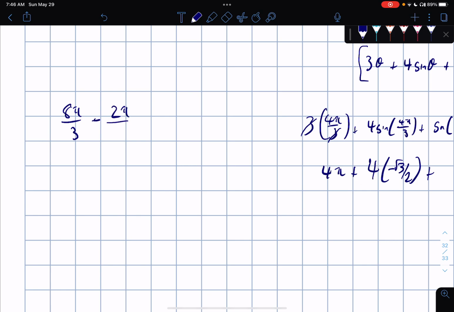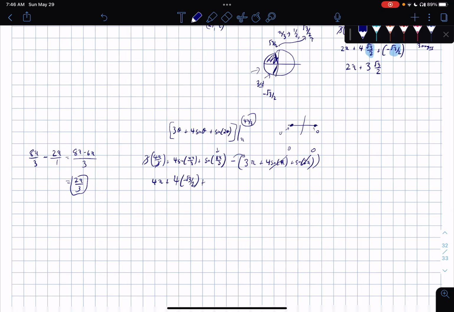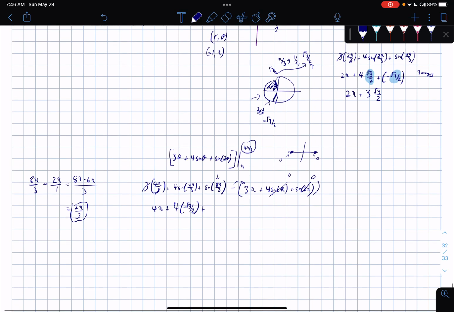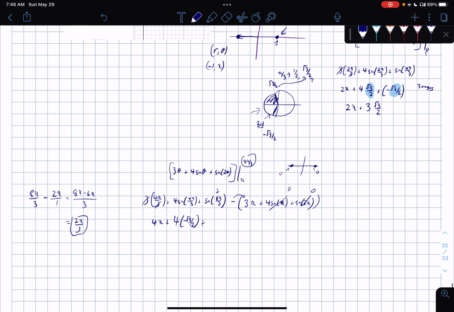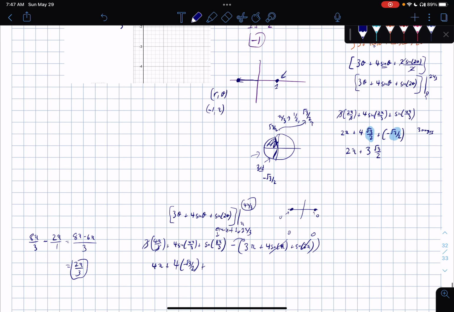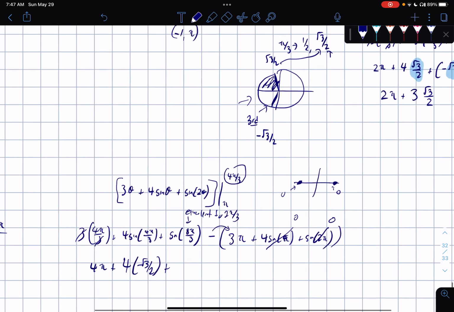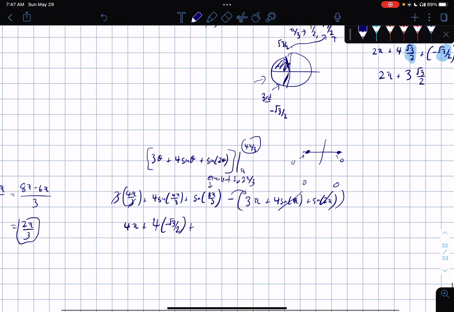So I can just find the reference angle. 3 times 1 is 3. 8 pi minus 6 pi, so this is equivalent to 2 pi over 3. So whatever sine is of 2 pi over 3, it's equivalent to 8 pi over 3. Alright, so sine of 2 pi over 3 is just the square root of 3 over 2.